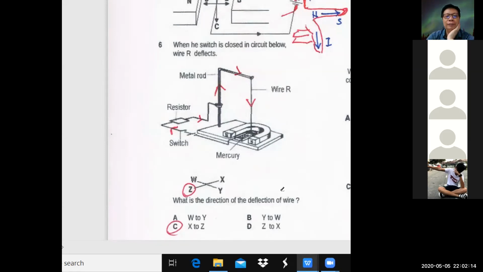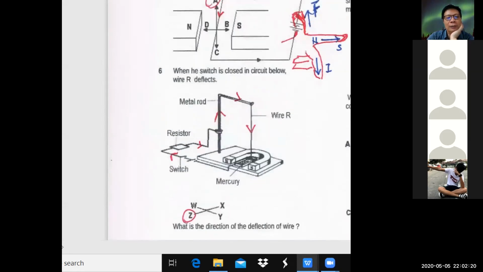Okay, like this. For this question, you take the current going down. Magnet like this, current goes down. And then the force is coming out.